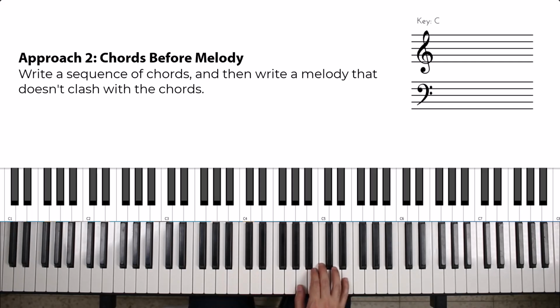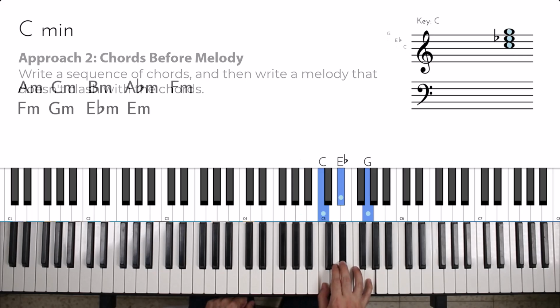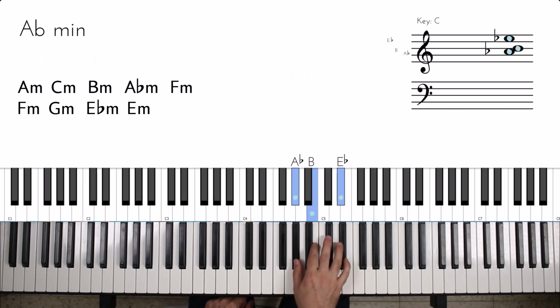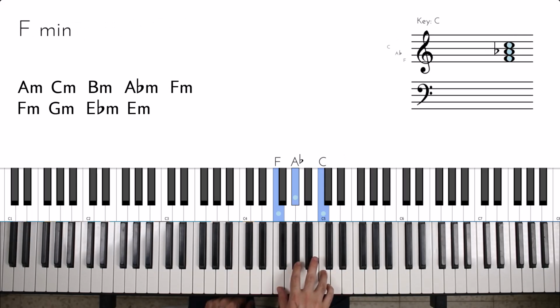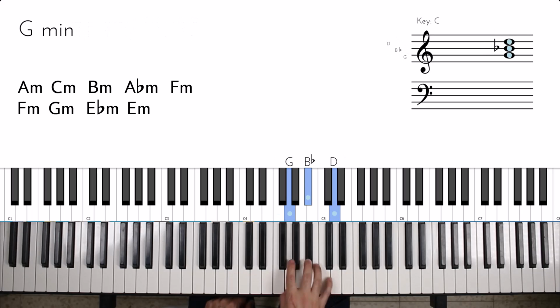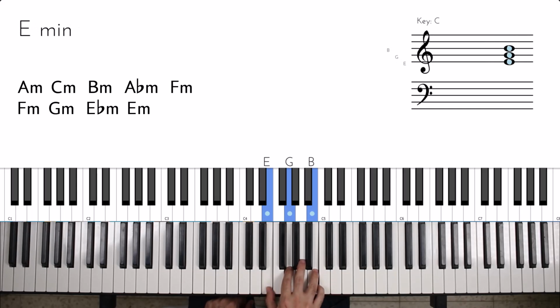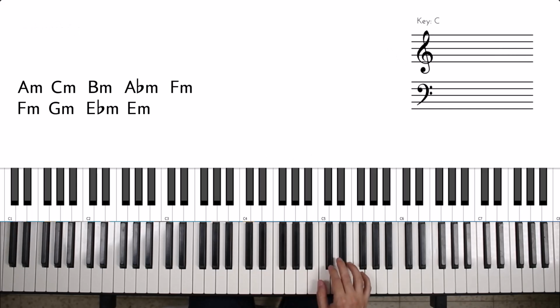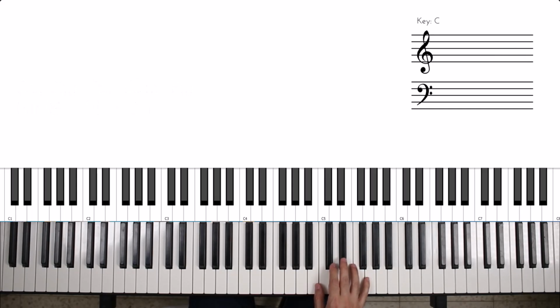So as I've shown you in the beginning, if you just sort of randomly play minor chords, you'll get something that is scary sounding. And you can come up with such a progression and then play or add the notes to it.